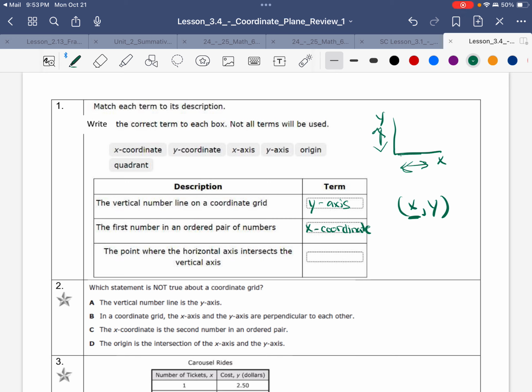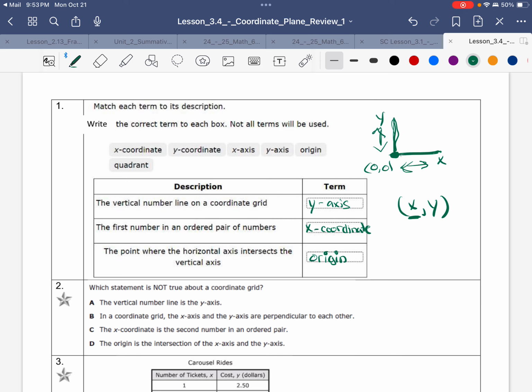So the horizontal axis intersecting the vertical axis would be here, otherwise known as 0, 0, or otherwise known as the origin. The origin is our 0, 0 point where they intersect.